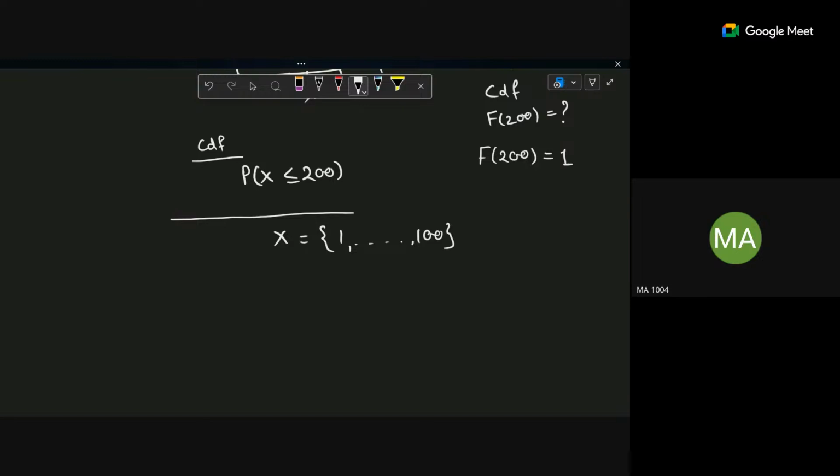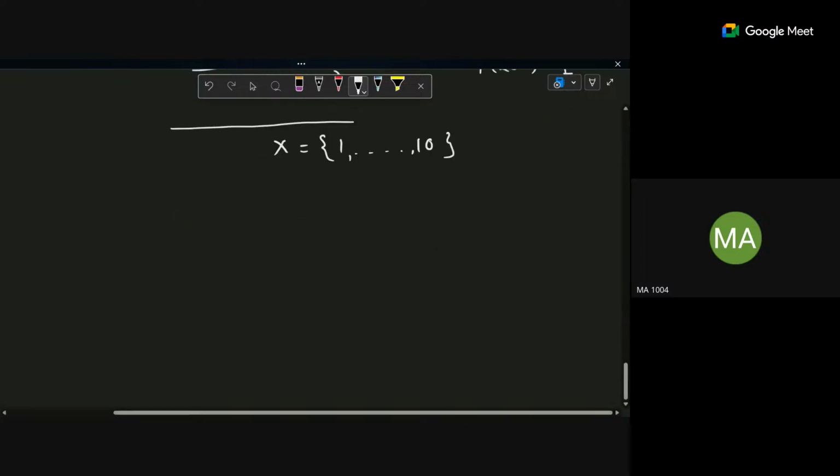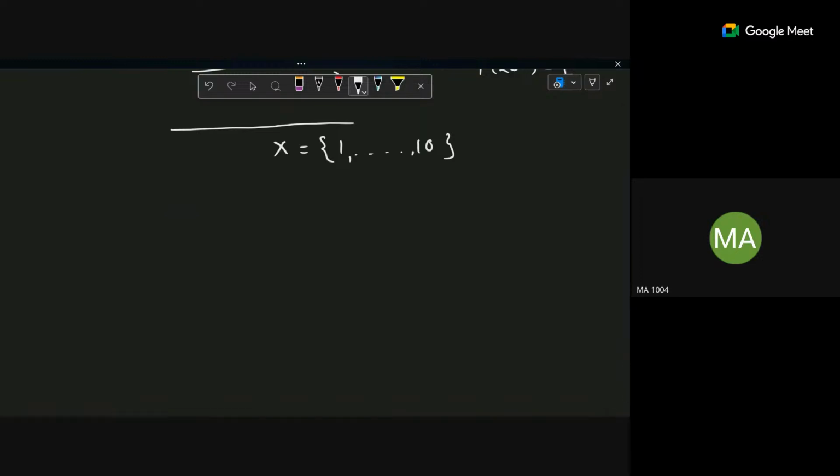Let's take 1 to 10 only. There are some lakhs of people there, and every person has to choose a number lying between 1 to 10. Then it's obvious that some numbers will occur so many times, right?